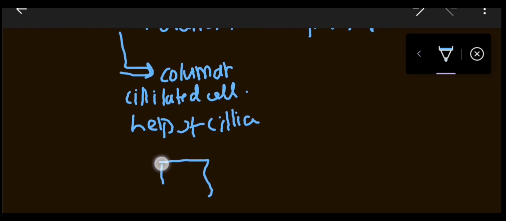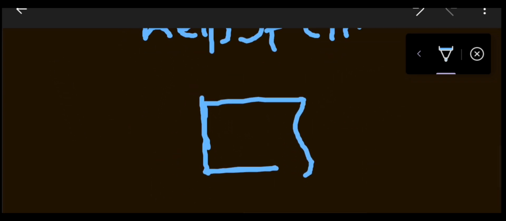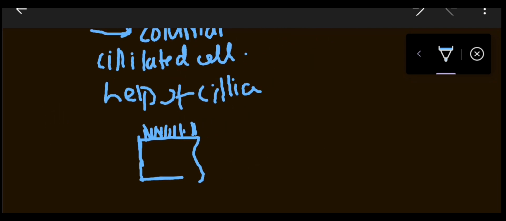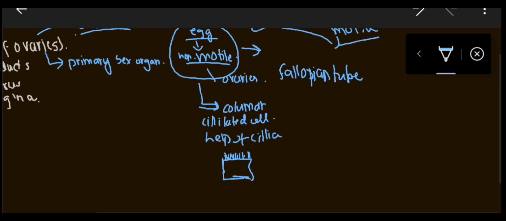This is how they look. Right, these are columnar epithelial cells.